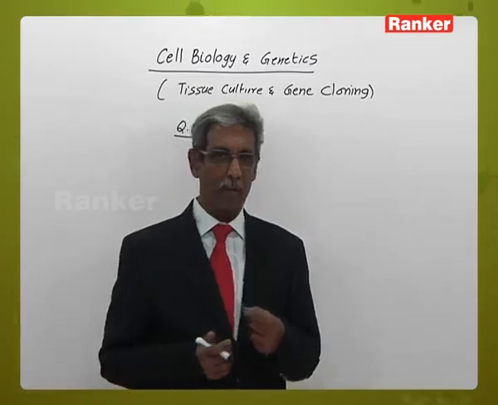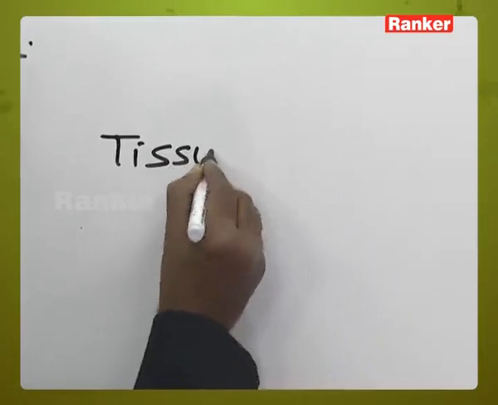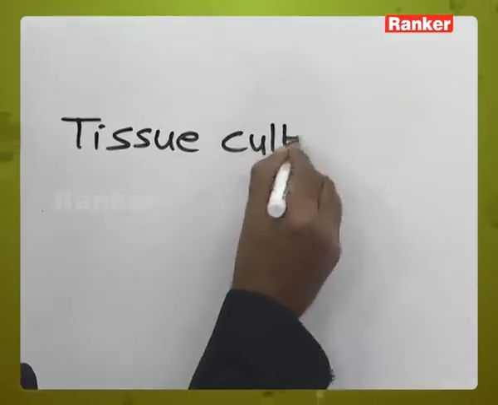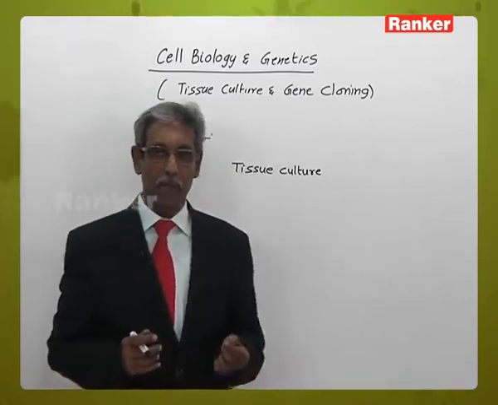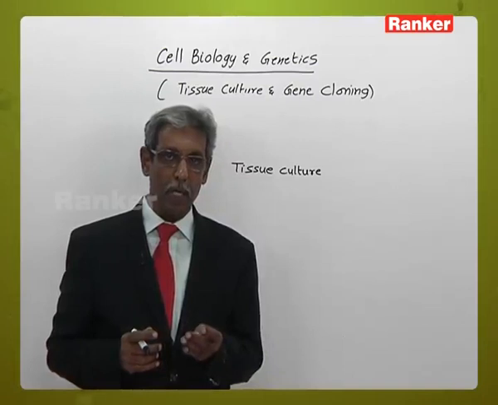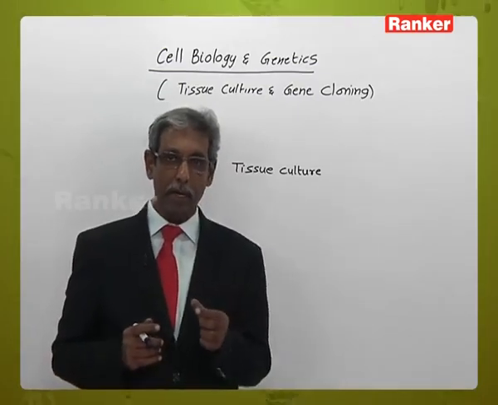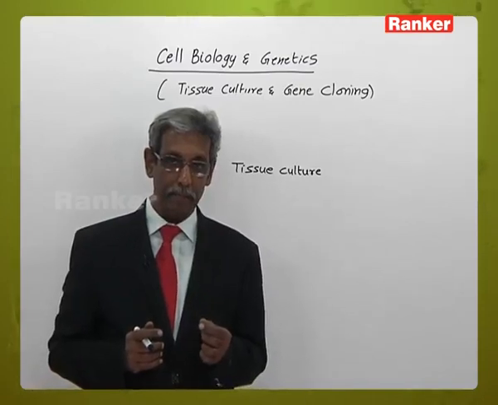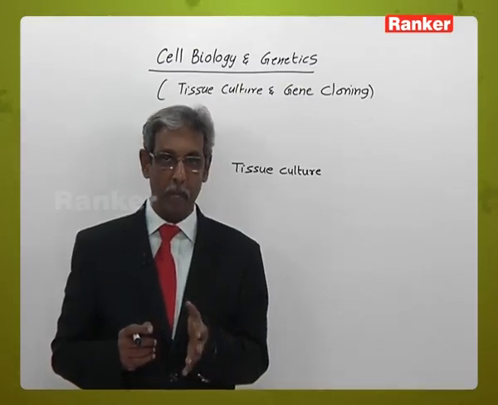Among the choices, A is tissue culture. Tissue culture relates to the culturing of either a single cell or a group of cells or a tissue aseptically, whereas organ culture relates to an organ such as an anther, whereas a cell relates to an individual cell, and a callus is an unorganized mass of tissue.